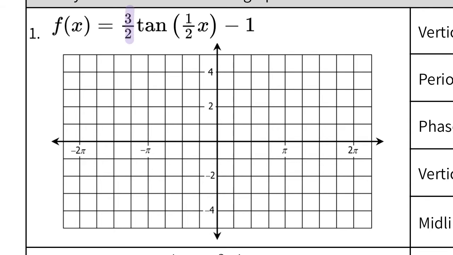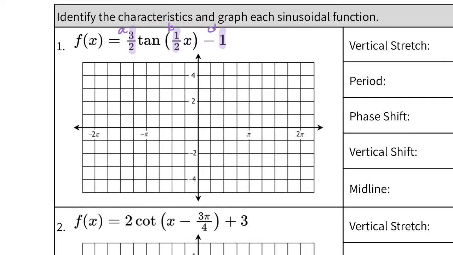Let's start by identifying what each of these numbers represents. So 3 over 2 is our a value. It's the first thing you see after the equal sign. 1 over 2 is our b value, so it's in parentheses, but it's in front of the x. And then last, that minus 1 is our d value. It's at the very end, and it is not in parentheses.